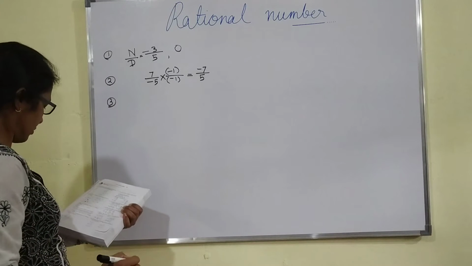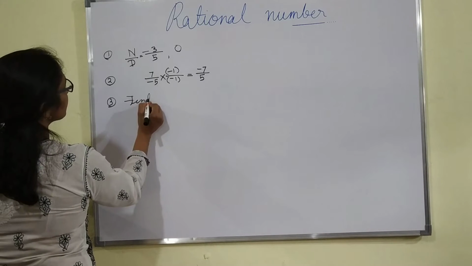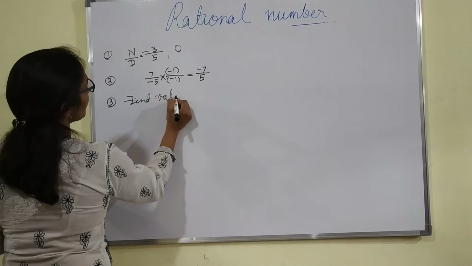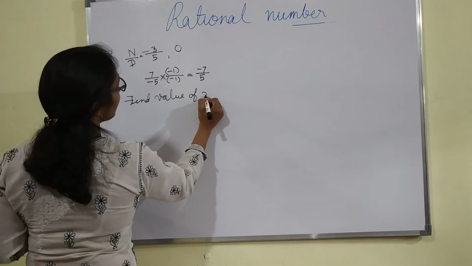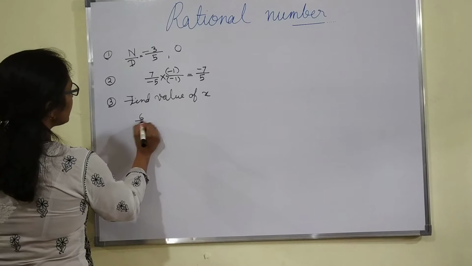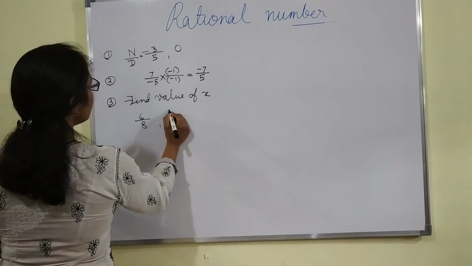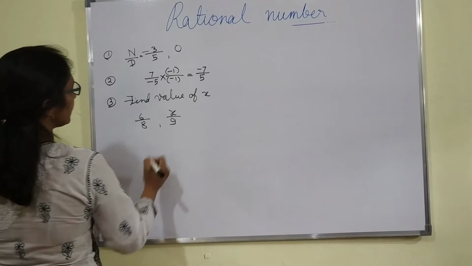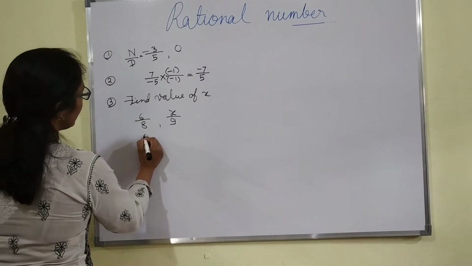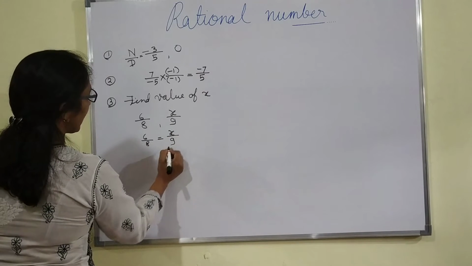Now, our third question is to find the value of x. The question is 6 upon 8 equals x upon 9.